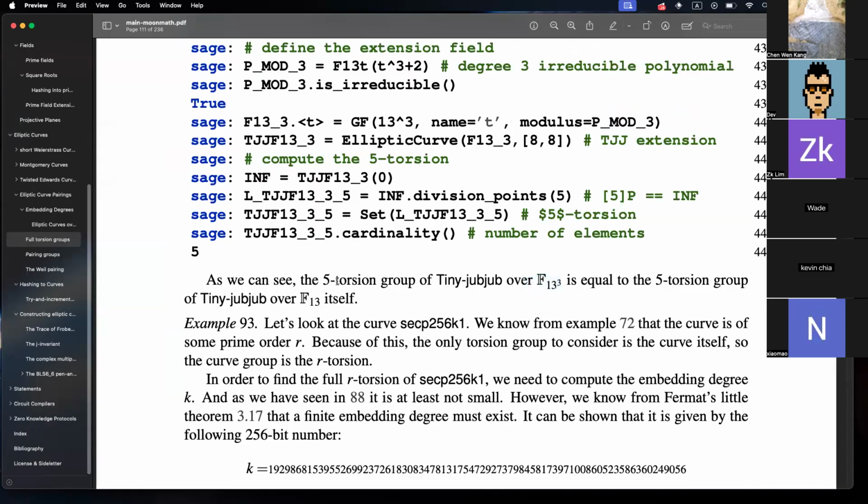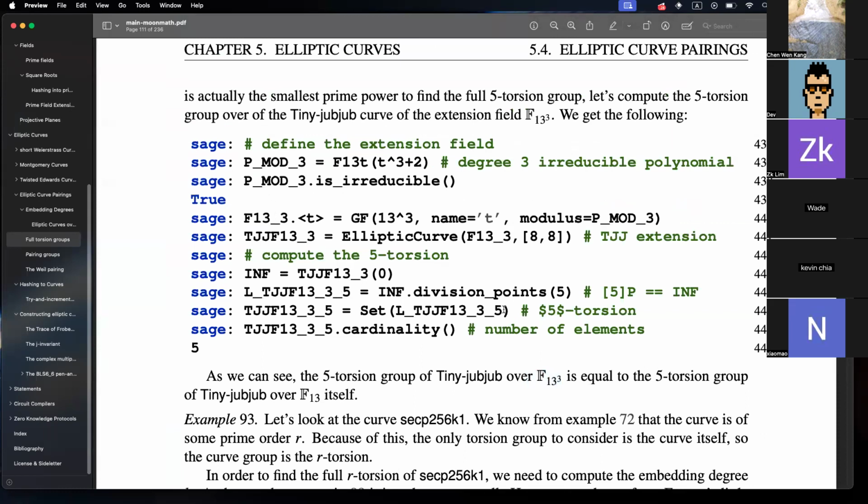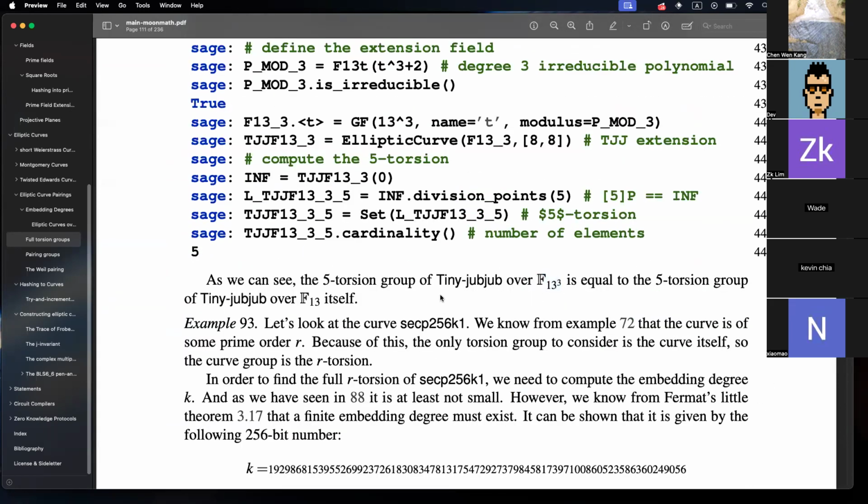The property that we see here is essentially the subgroup: the r-torsion group for this extension field is equal to the r-torsion group of the base field. This just means that the r-torsion group of your extension will always be equal to the r-torsion group of the base field. That's essentially what it's trying to say here.